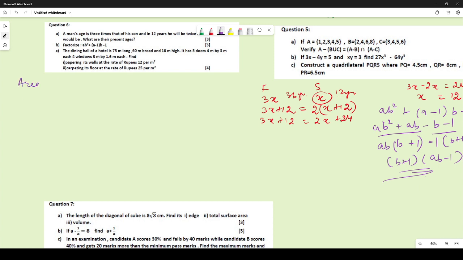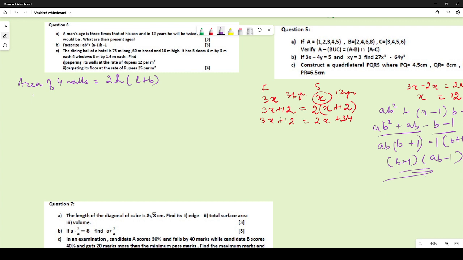So you have to use the formula for area of 4 walls is equal to 2h into L plus B. This is the formula. Many of you, I do not know why, use the formula of volume. यहाँ वॉल के ऊपर पेपरिंग करनी है ना, कि इसके अंदर पेपर भर देना, ऐसा तो नहीं है ना. Area of 4 walls is this, right? So how will you calculate that?